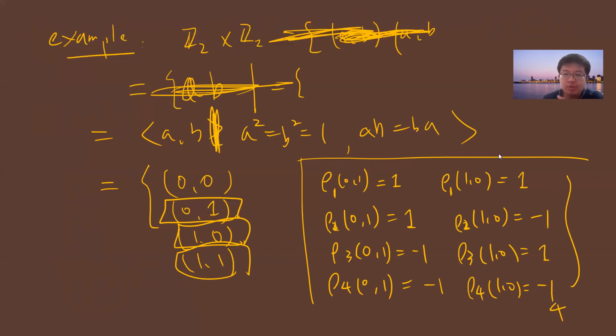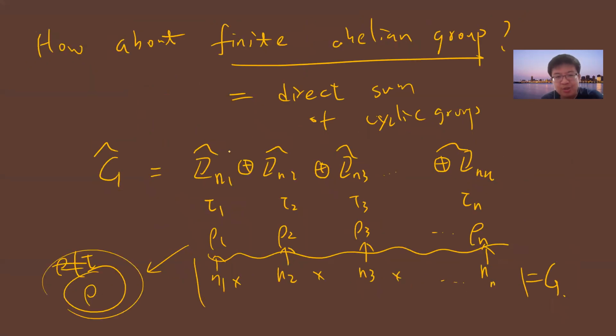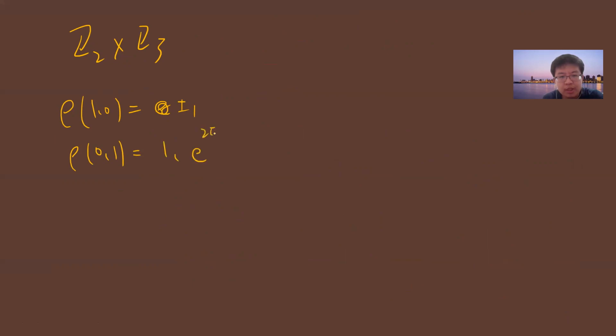And you can easily say that in general, this is a general story, right? So for example, if you have Z2 times Z3, then all the irreducible representations just map, let's say, rho (1,0) to plus or minus 1, and then map (0,1) to 1, exponential 2 pi i divided by 3, and exponential 4 pi i divided by 3.